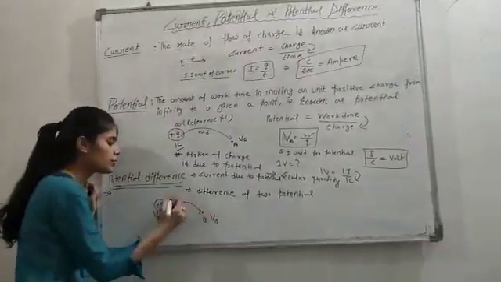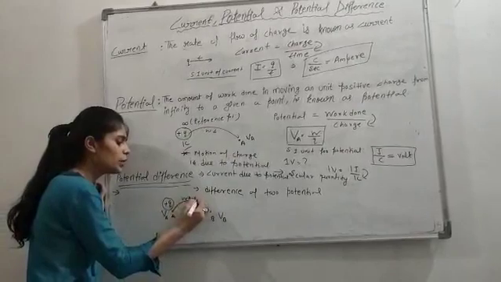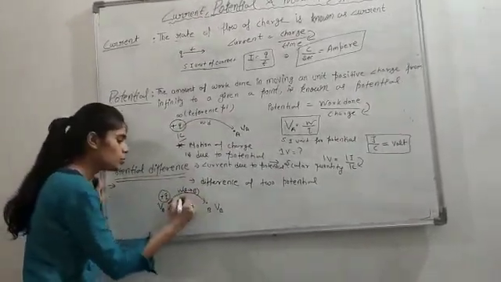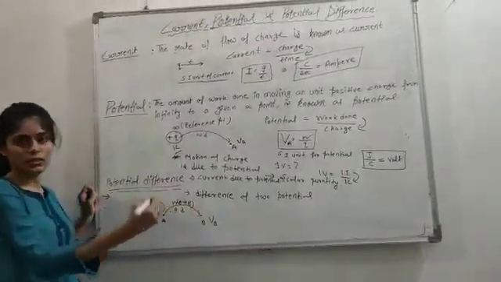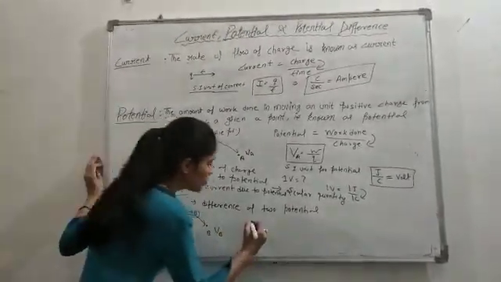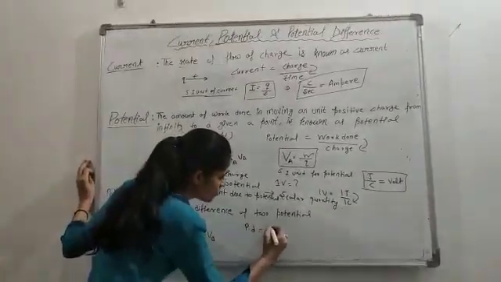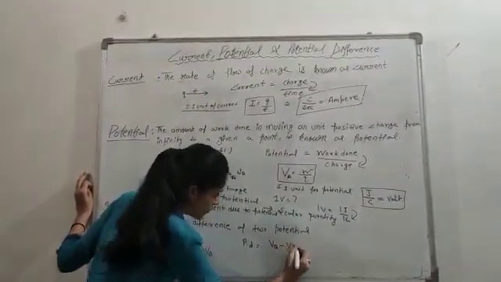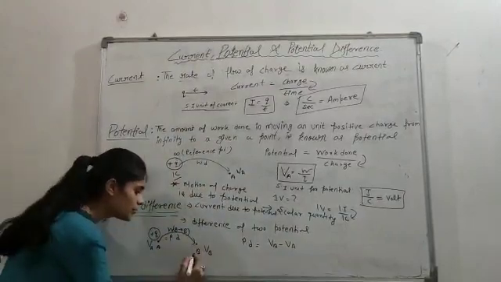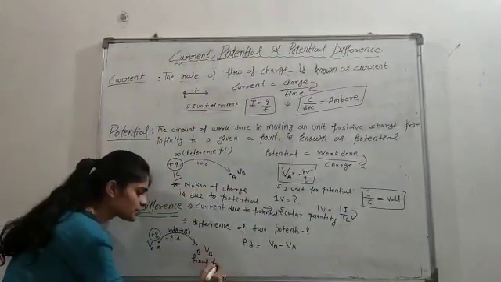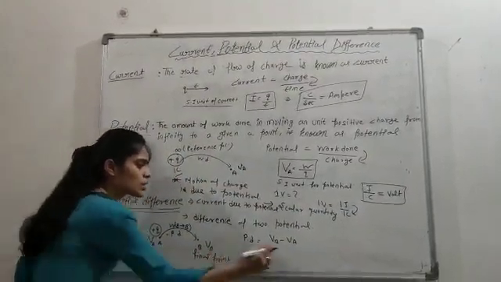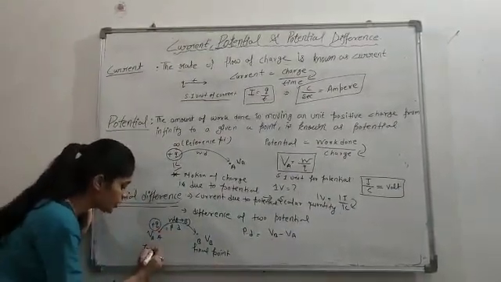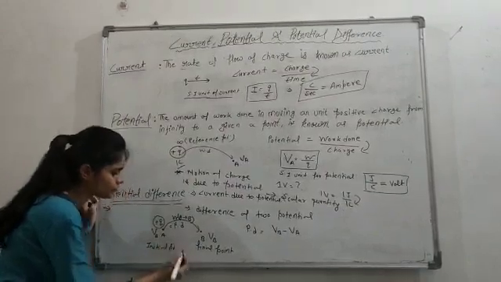So work done from A to B in moving this positive charge is equal to the potential difference. Are you getting my point? So potential difference is nothing but VB minus VA. This is the final point. VB is the final point potential and VA is the initial point potential.